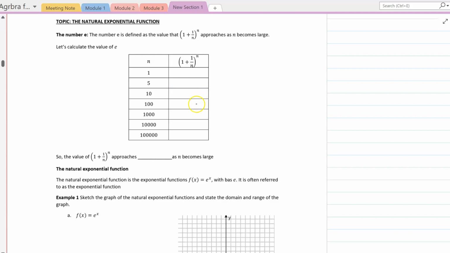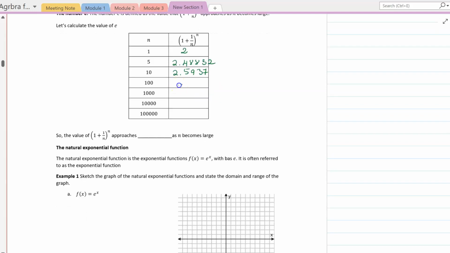2.48832, 2.5937, 2.7048, 2.7169, 2.7181, 2.7182.